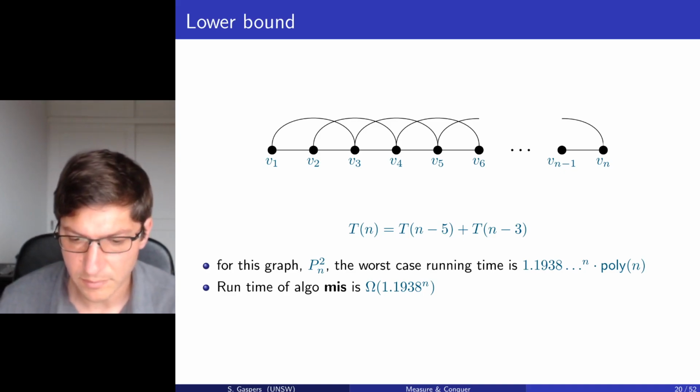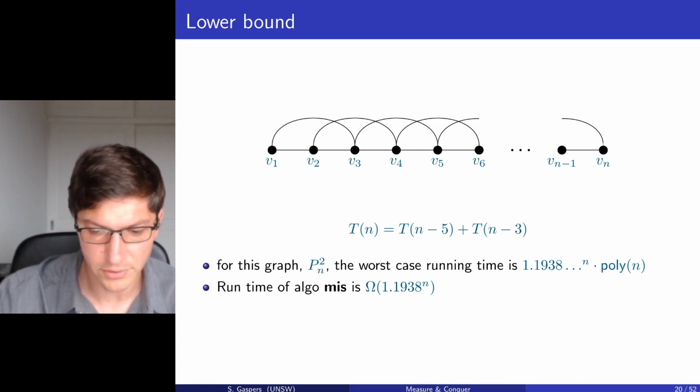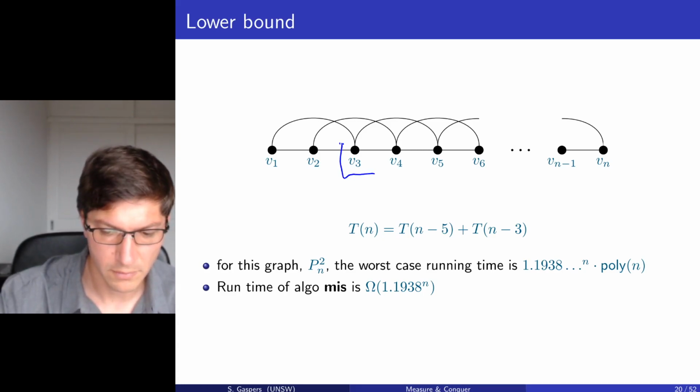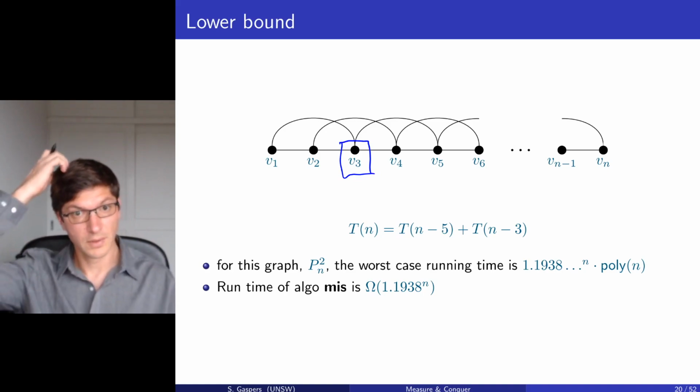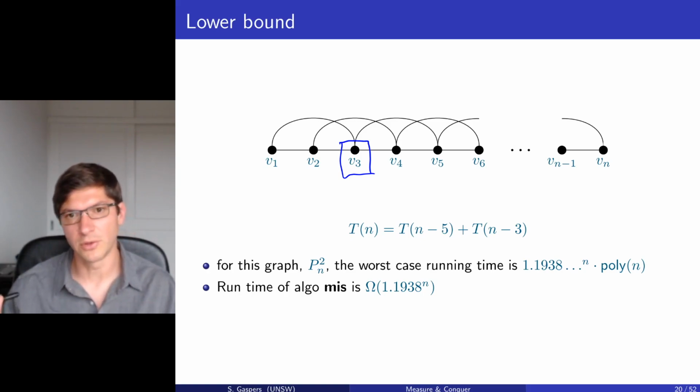So for this very regular graph, it could, for example, choose the vertex v3 to branch on. And since it doesn't specify which particular vertex to choose if there are multiple largest degree vertices, we can choose. So we can choose among all the largest degree vertices and make the algorithm branch on that one.